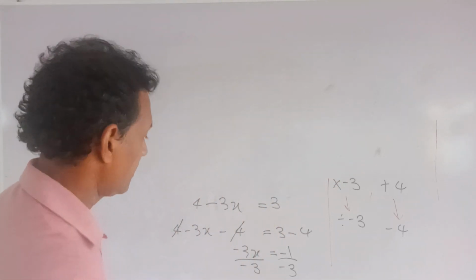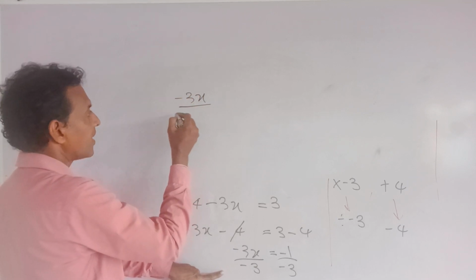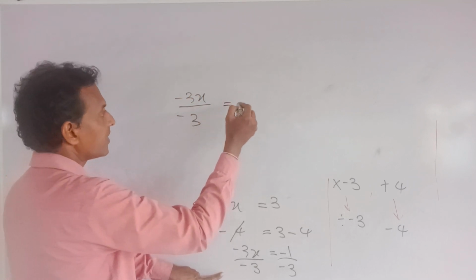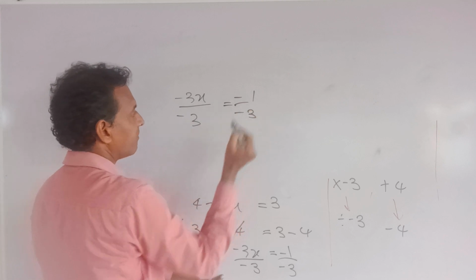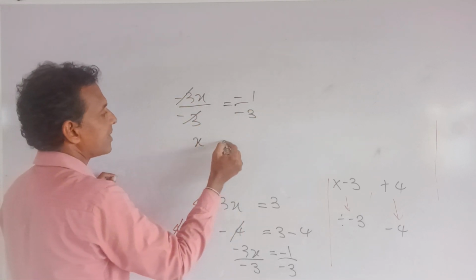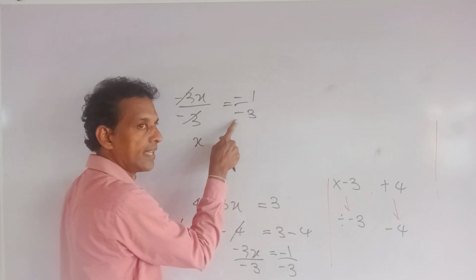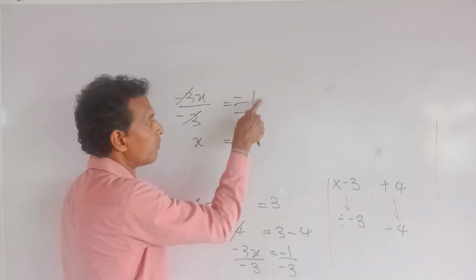Minus 3x over minus 3 equals minus 1 over minus 3. This gets cancelled. x remains here. Minus divided by minus is plus, 1 over 3.